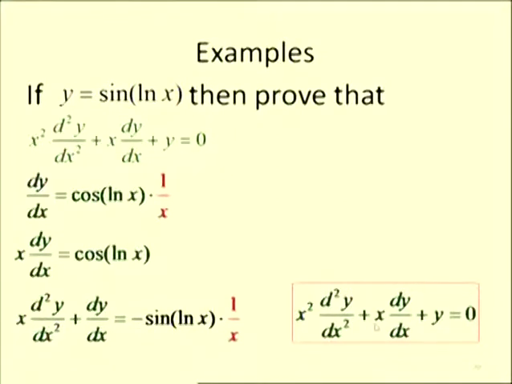That minus y we take on the left hand side gives plus y. So that is exactly what we want to prove. This way, any function given to us, and asked to prove a result which involves a second order derivative, may or may not involve a first order derivative, or may or may not involve y, can be proved in this way.